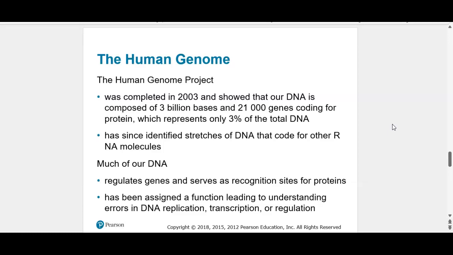The 3 billion bases represent what was done in 2003, the Human Genome Project. There were 21,000 genes coding for protein. So we have essentially 21,000 proteins in our body, or genes for 21,000. That represents only 3% of the total DNA.